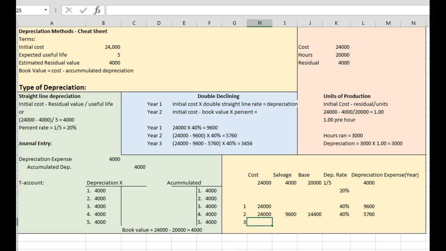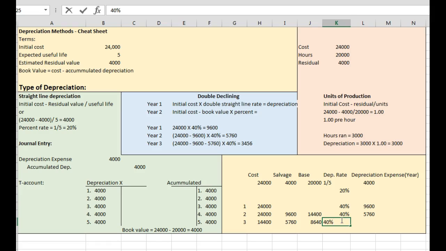So now, in year 3, this is year 1, this is year 2, and this is year 3. In year 2, I'm going to take the 14,400 and subtract the 5,760 to come up with a new base. You guys like me mumbling around here? So I have a new base of $8,640.